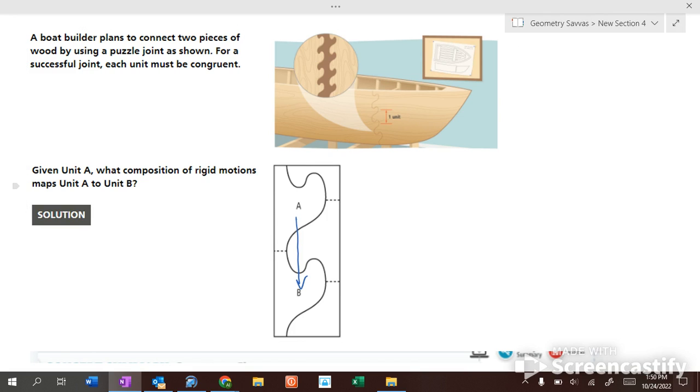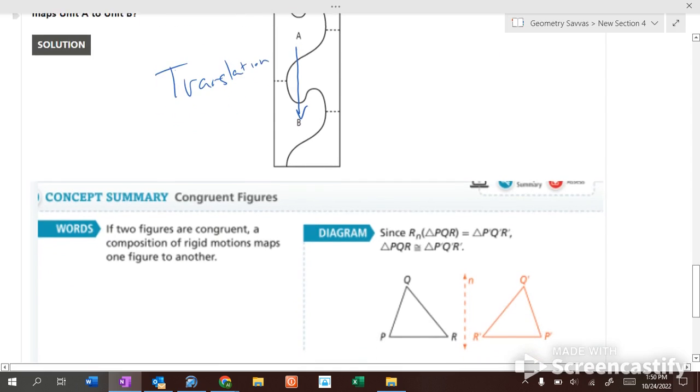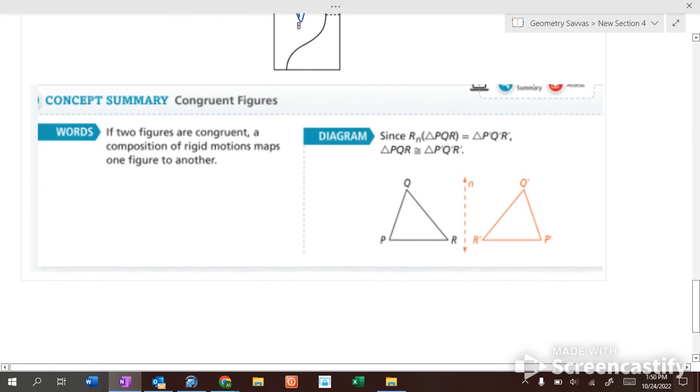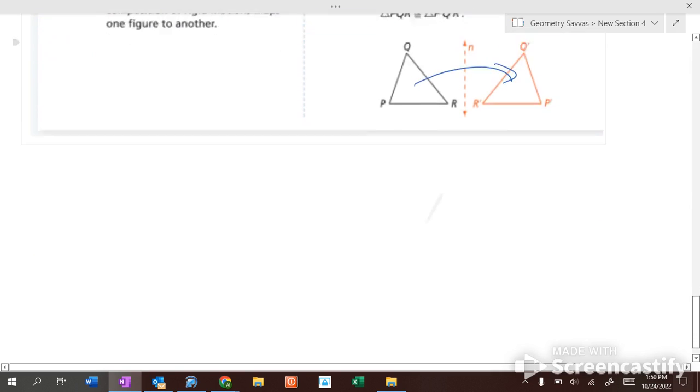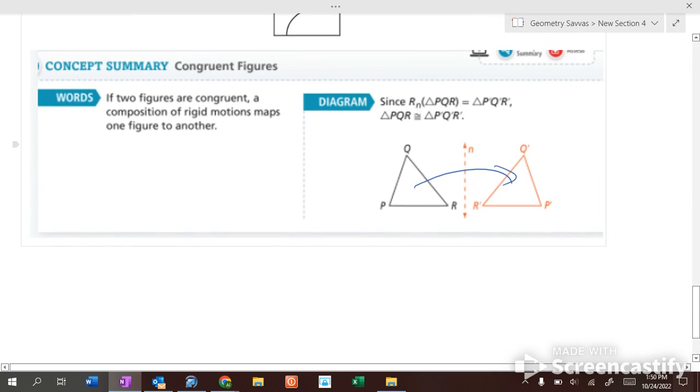It's just a straight translation. Okay, so congruent figures are a mapping of some sort. It might be a reflection, translation, rotation, or a combination of them. Okay? So your first assignment will deal with basically what we were dealing with last chapter: translations, rotations, reflections, figuring out if things are congruent.